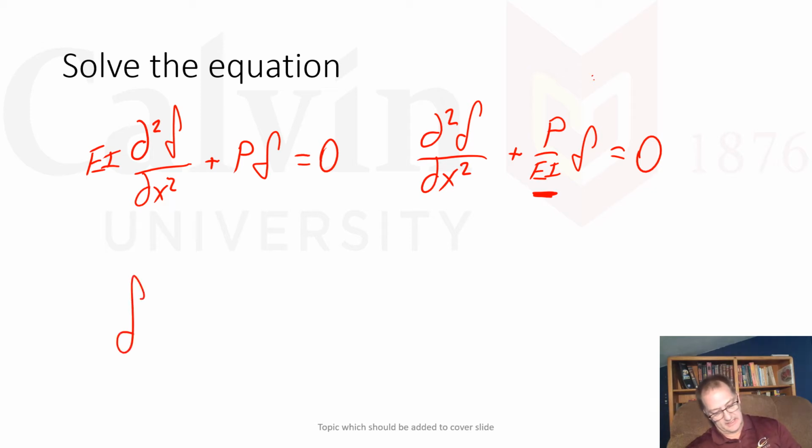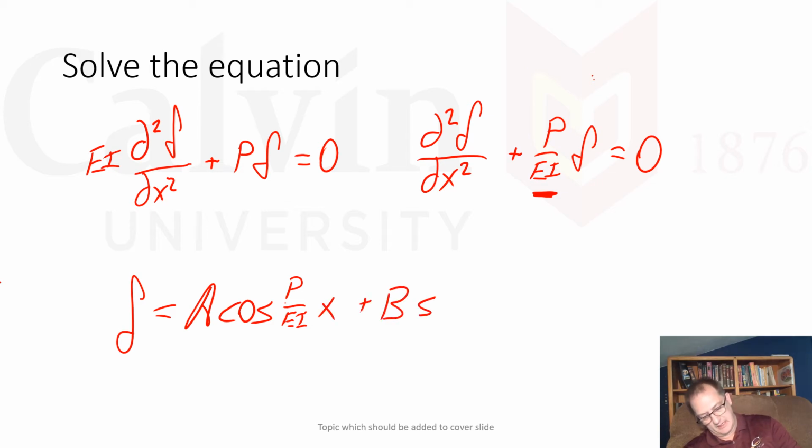But you're going to get that delta is equal to A times cosine P over EI x plus B sine P over EI x.